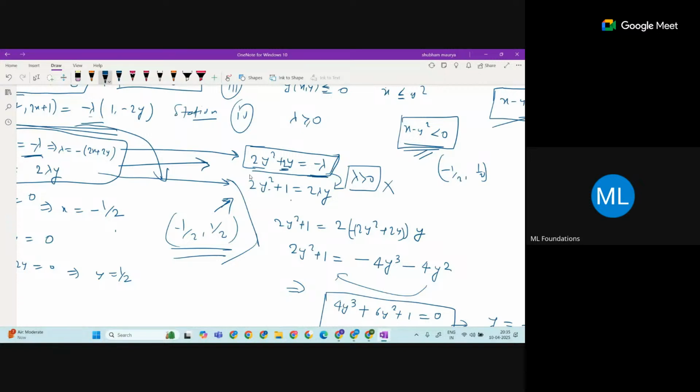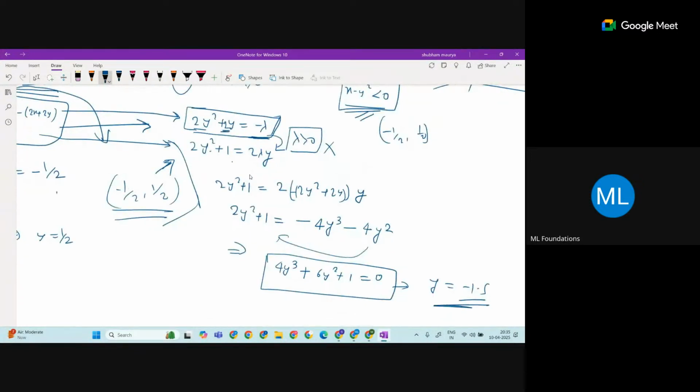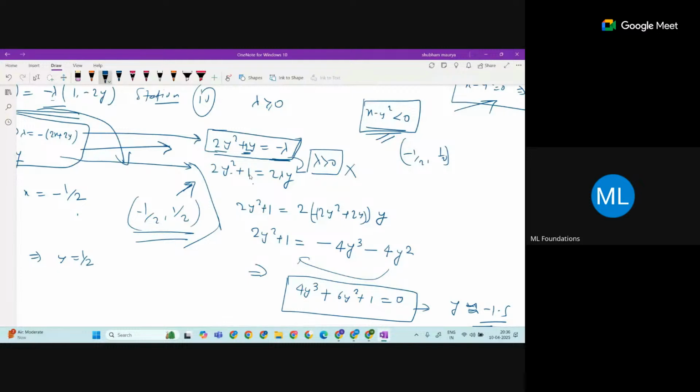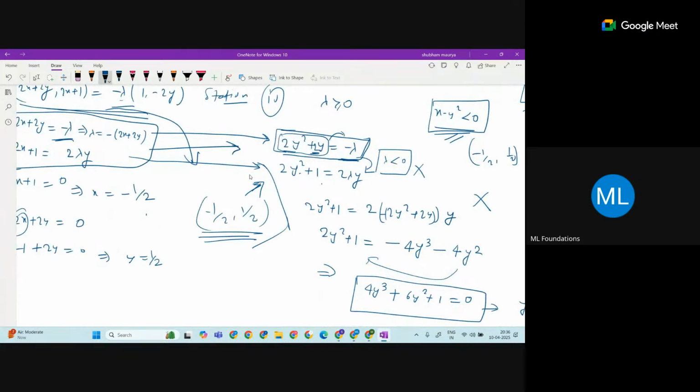Once we got this y value, approximately minus 1.5, and substitute it in this equation, we get lambda negative, because this side is negative and this side is going to be positive. So finally lambda is going to be negative, so we are not going to use this point. So only one solution by KKT is this one.